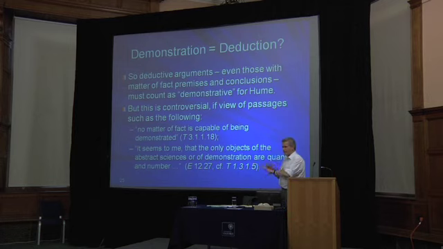Hume had no patience with formal logic, which he equated with Aristotelian formal logic and thought it completely barren and useless. Okay, but that understood then, arguments that are deductive in the informal sense, I am claiming are demonstrative for Hume.